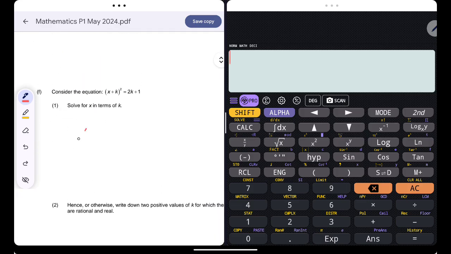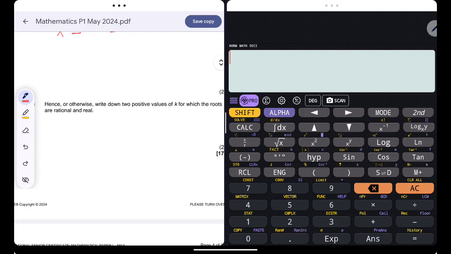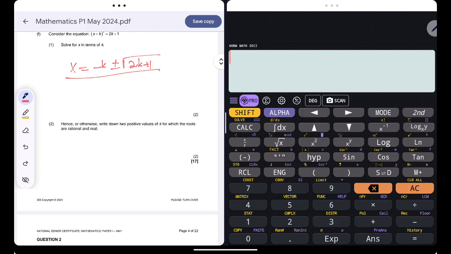Remember that I had x is equal to negative k plus or minus the square root of 2k + 1, right? For me to have an answer which is rational and real, it simply means that anything under the square root has to be a perfect square.